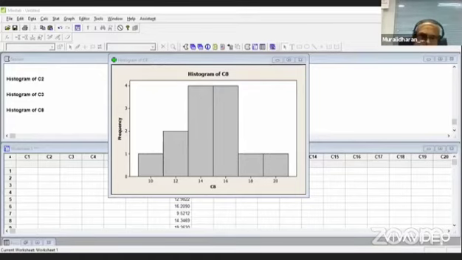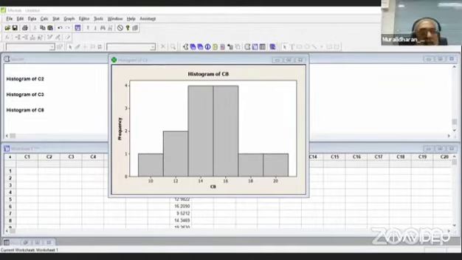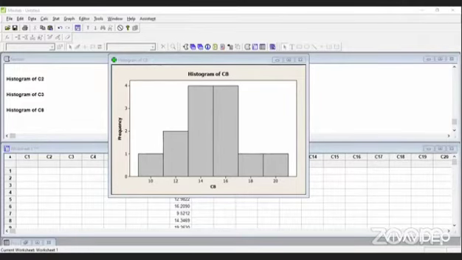Hello, sir. Sorry to interfere. The calculation part you are doing, is it in Excel or Minitab? I am doing it in Excel. No, Excel is not visible right now, your Minitab is open. Oh, Minitab is open.